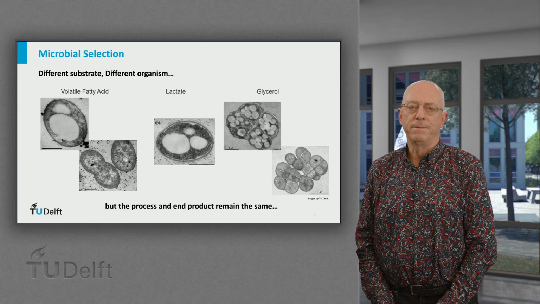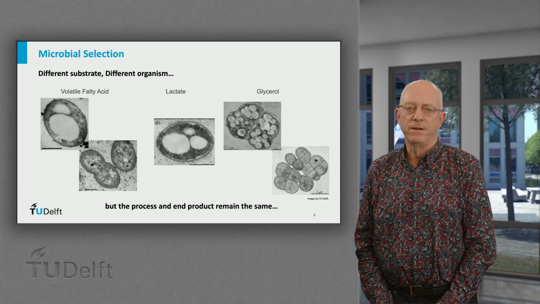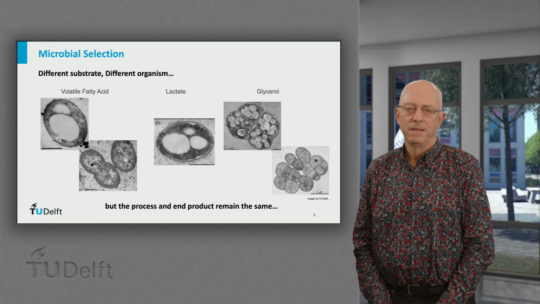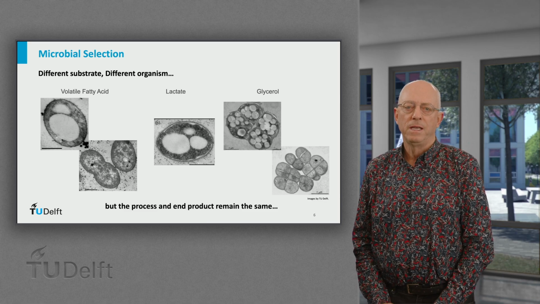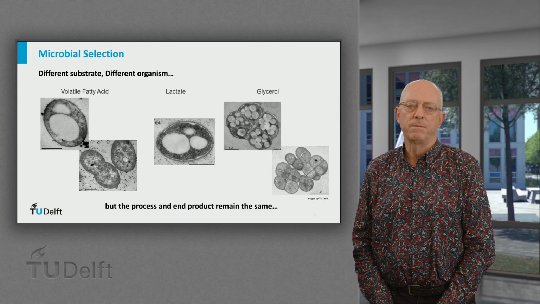However, because the biochemistry of PHA synthesis is highly similar among microorganisms, the end product and overall process kinetics remain quite similar. This means we can use different organic waste as feedstock, even those with variable composition. And the microbial community will adapt naturally to the available carbon sources while the process remains stable.